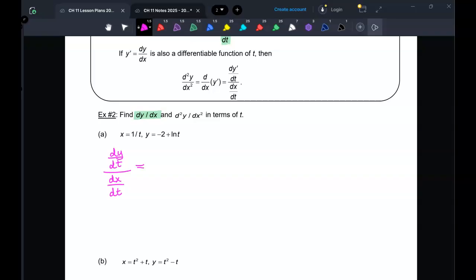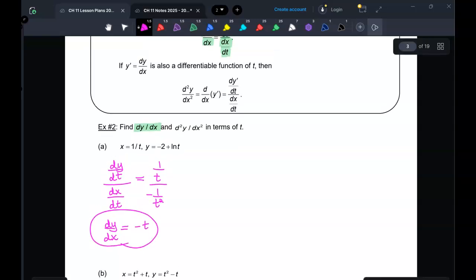Okay, so dy dt is just 1 over t, over, now dx dt, that'll be negative 1 over t squared, right? Because that's t to the negative 1. So it'll just become negative t. Right, reciprocal. Okay.